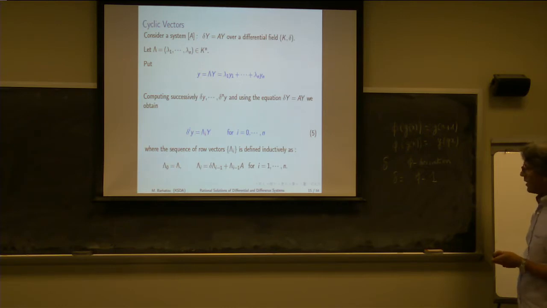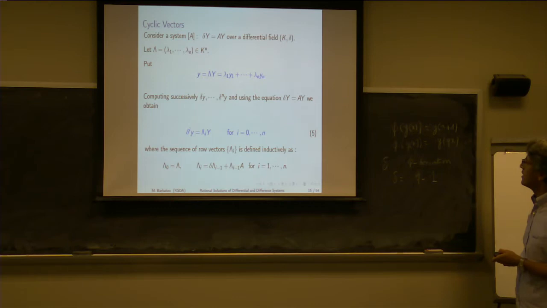And the idea is that you get here n plus 1 vectors, from lambda 0 to lambda n, in n-dimensional space, so they should be linearly dependent.